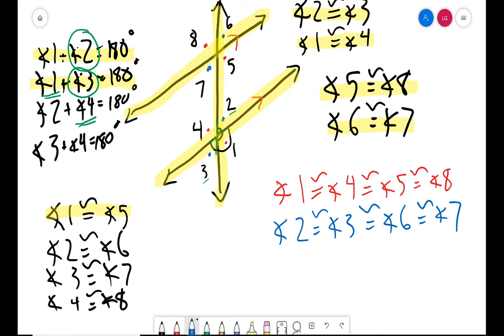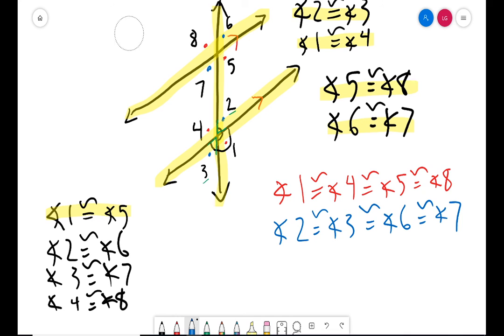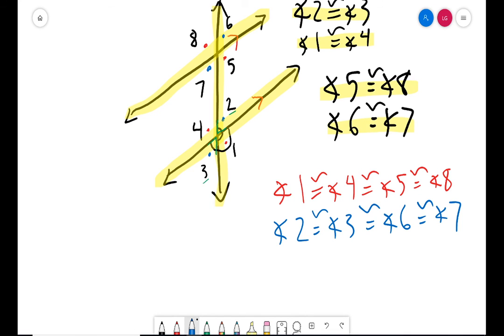They have names. Kind of the pairings have separate names. I'll put it down over here. What are some of the names? Well, corresponding angles.